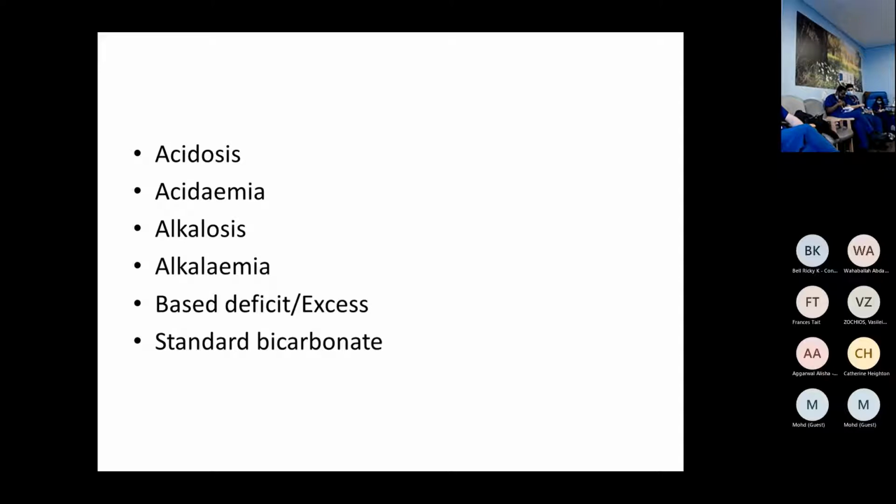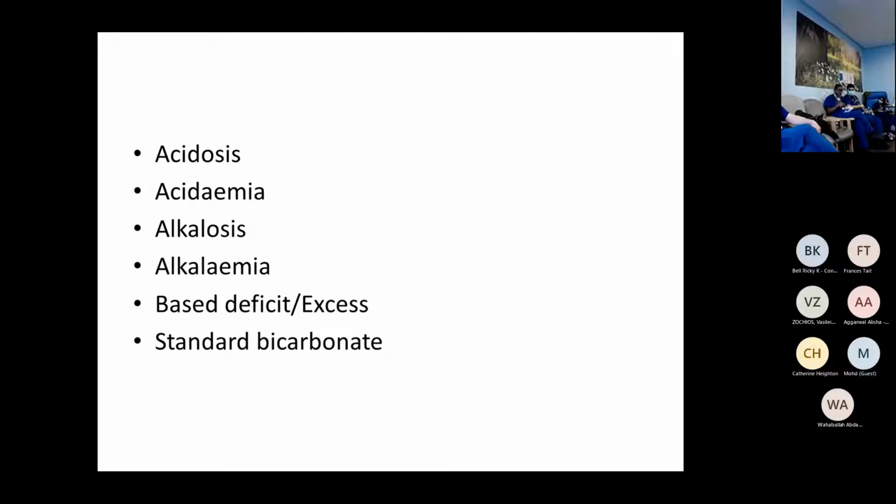This is more exam stuff now. The difference between, this is sort of a peccadillo, acidosis and acidemia. What's an acidemia? Yeah, it's an abnormally low pH. So acidemia is a state of lowered pH. The acidosis is the process, likewise for alkalosis and alkalemia.